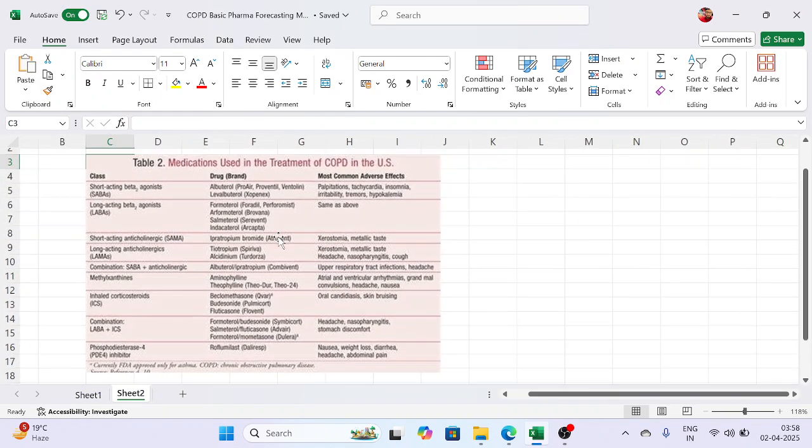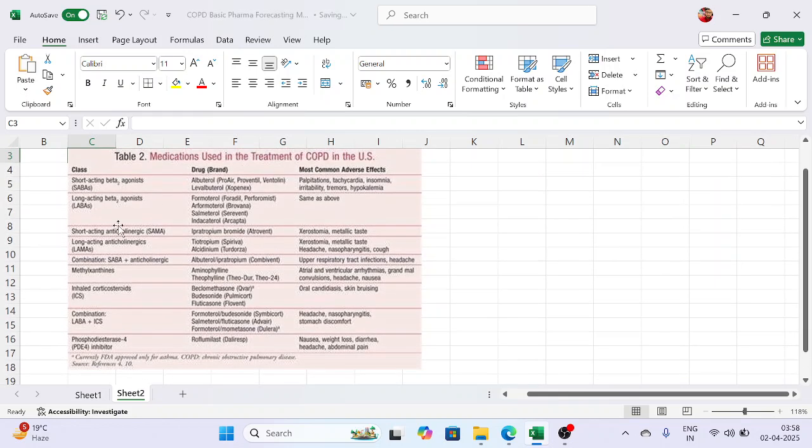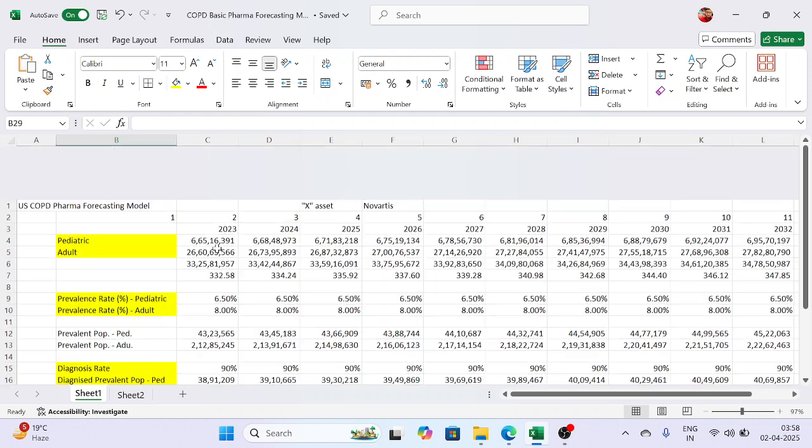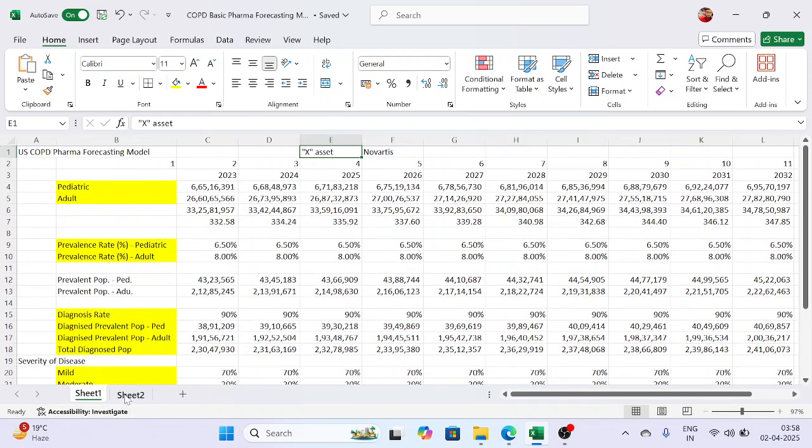So just understand, there are different classes, right? Under each class there are different drugs with different brand names, right? So let's say the drug for which you are forecasting, that is X drug.